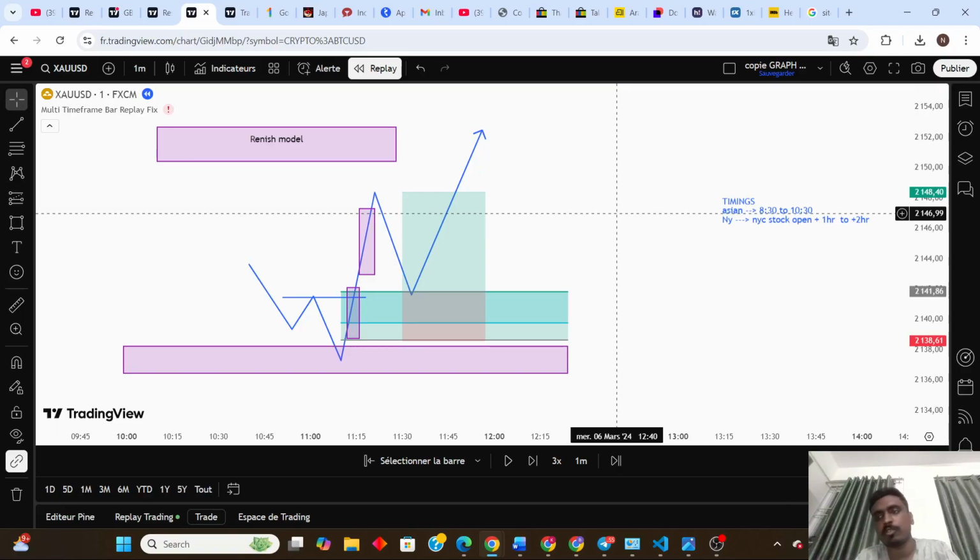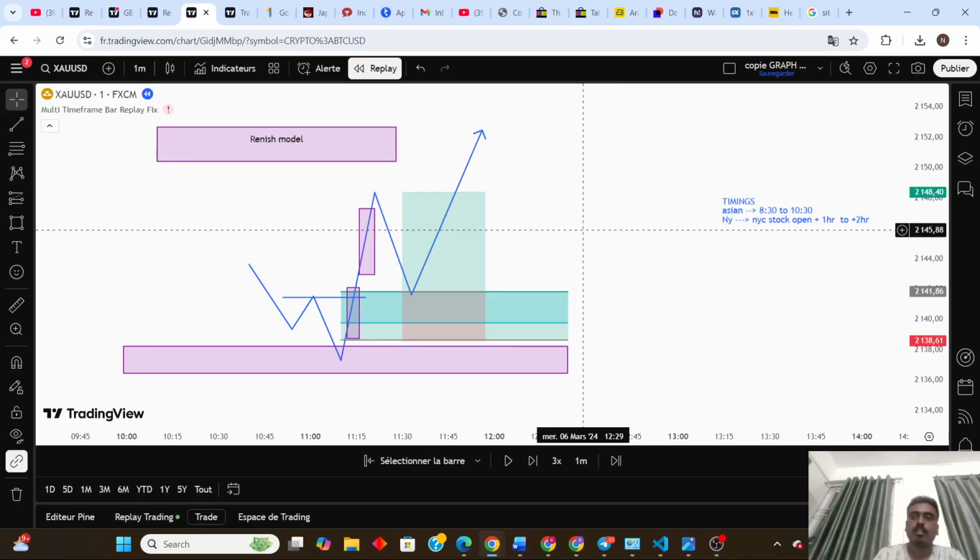Sometimes you will get hit by the stop loss. You can also manage it a little bit. I'll show you. This is the model, the Renish model. What are the mechanical parts of the model?